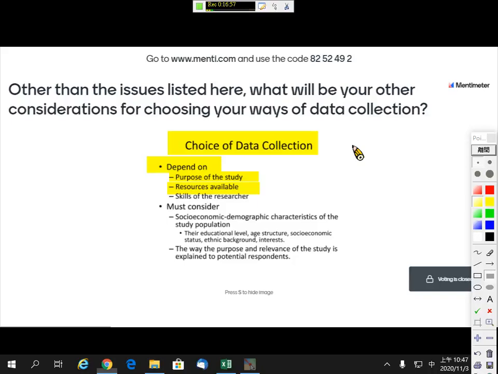All the resources available, it's also very important. Sometimes, let's look at here. You have one topic, Taiwanese perspectives on Japanese diet. But think about the resources. Would that be easy for you to conduct a survey of all Taiwanese here in Taiwan? Not really, right? Because you do not have the resources to access all the Taiwanese, the population of the Taiwanese at large. It's very difficult for you to do so. Very difficult. So what would be the most possible way for you to collect, to identify? You need to narrow down the study population.